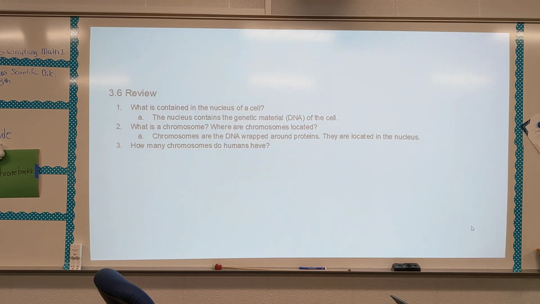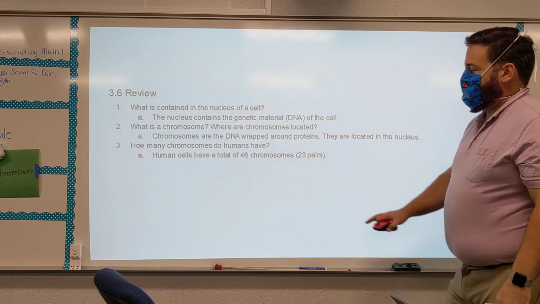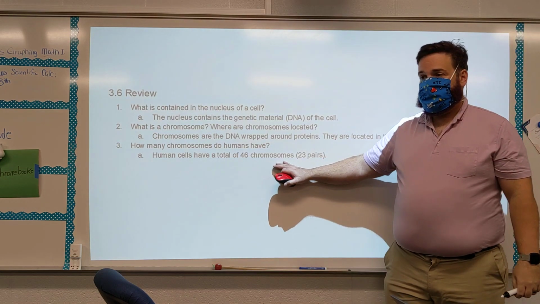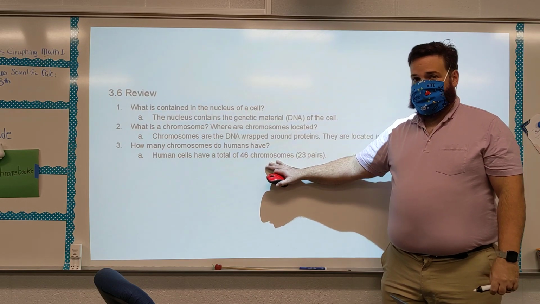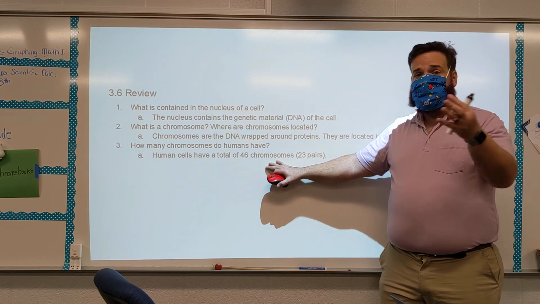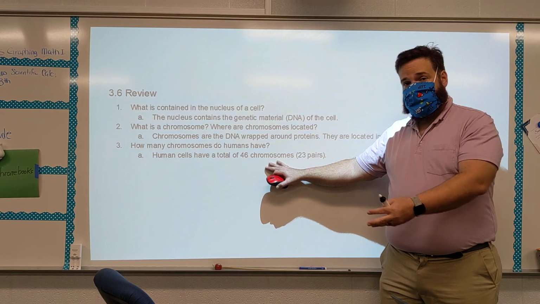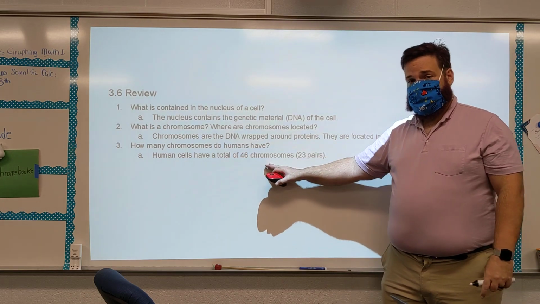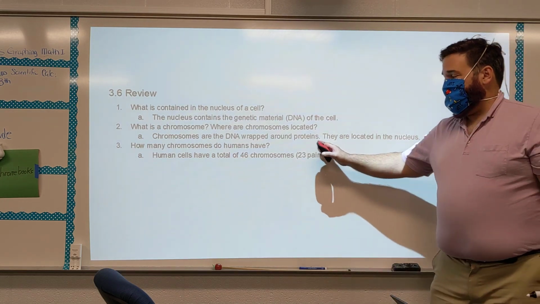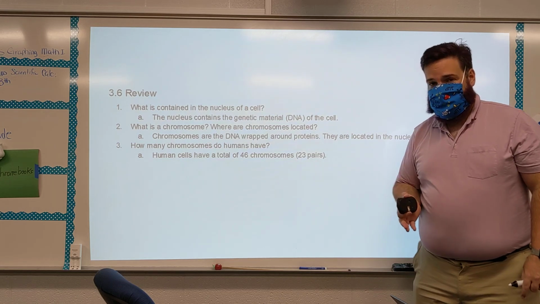All right, how many chromosomes do humans have? This is a little tricky. Anytime you have a question about this, you need to pay very close attention to the way it's worded, okay? Because humans have a total of 46 chromosomes. You got 23 from mom, 23 from dad, for a total of 46. And so that's 23 pairs.